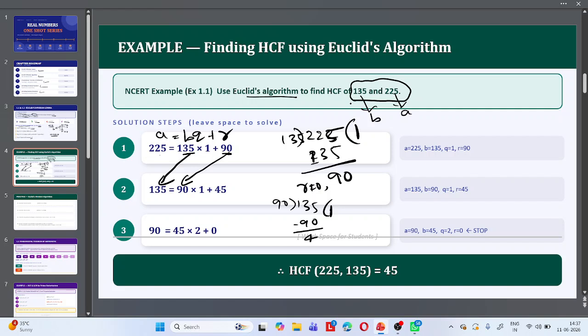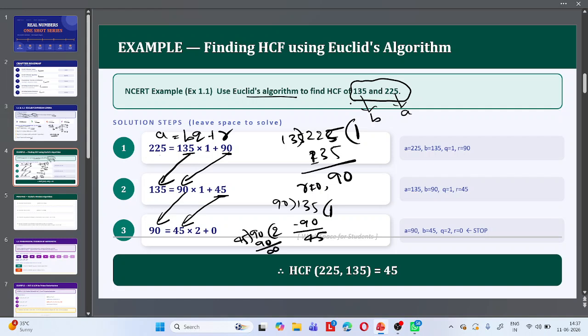Here the remainder is 45. Again in this step the remainder is not 0, so move on to the next step. In the next step, same thing, b becomes a, r becomes b. So by dividing 90 by 45, we get 45 twos are 90.